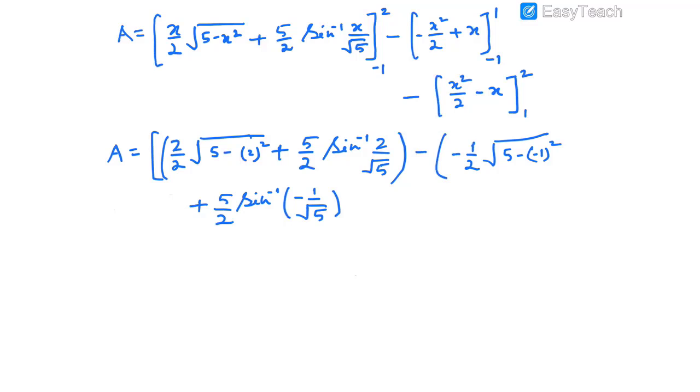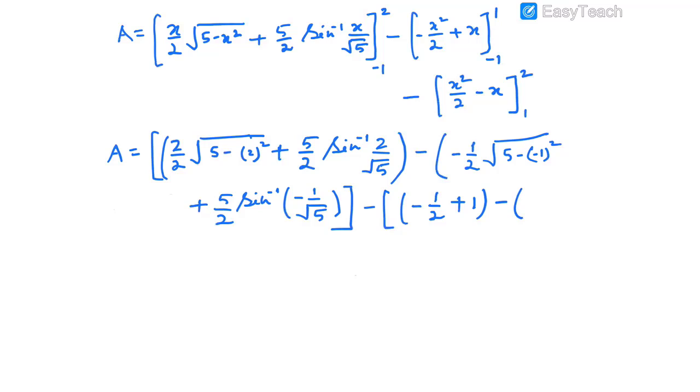Now putting the limits in the second integration, so we have minus 1 square by 2 plus 1.